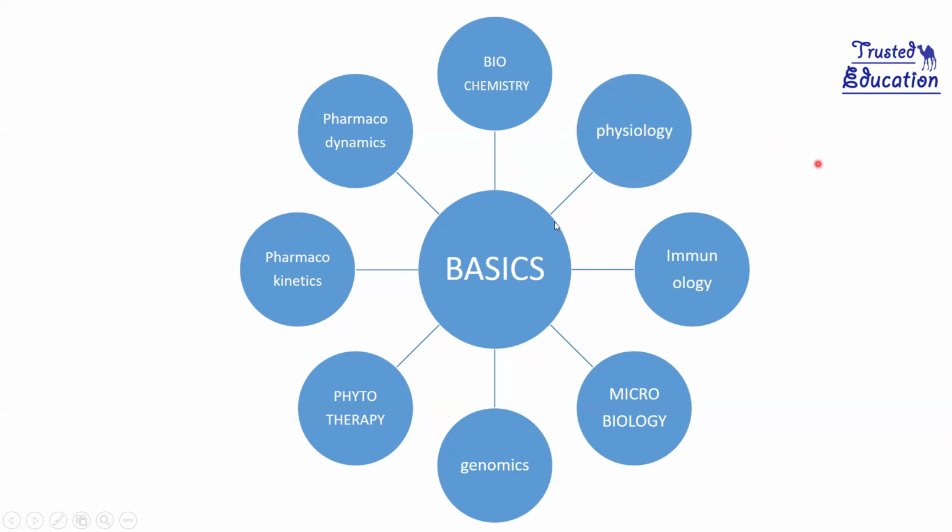Those are the most important topics related to the basic sciences. Throughout the course, we will know where we can read from and the sources of information which are updated and correct.